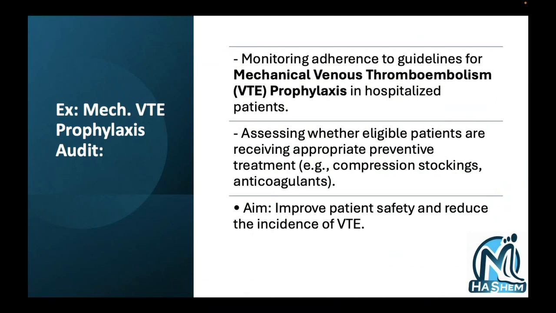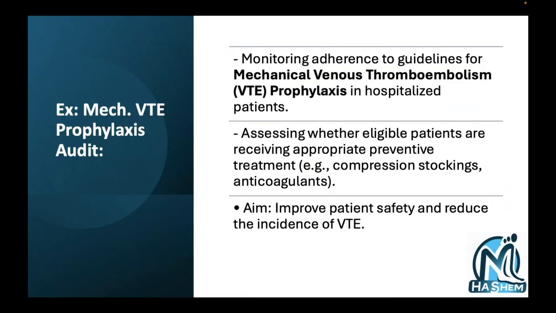So we weren't compliant. In the first cycle of this audit, we did a booster to inform them that we were not compliant and we should be, because the guidelines say that every patient should have mechanical VTE. We ran some educational sessions for the nursing staff and the porters. Then we made a sticker to be put in every patient's notes.